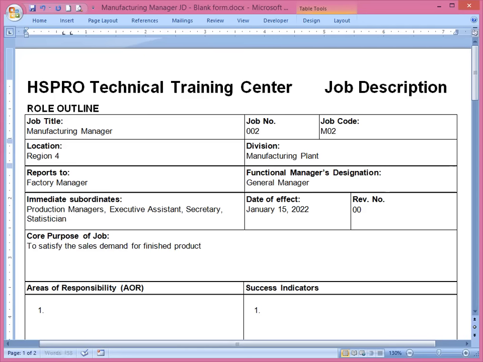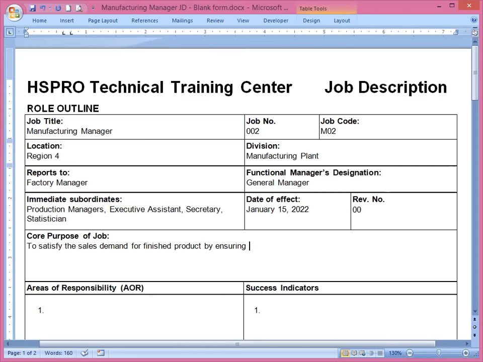Okay, by ensuring, and then this is the second part of the sentence where you say by. The first part starts with to satisfy the sales, to manage, something like that. And the second part of the sentence, by. Okay, to satisfy the sales demand for finished product by ensuring.